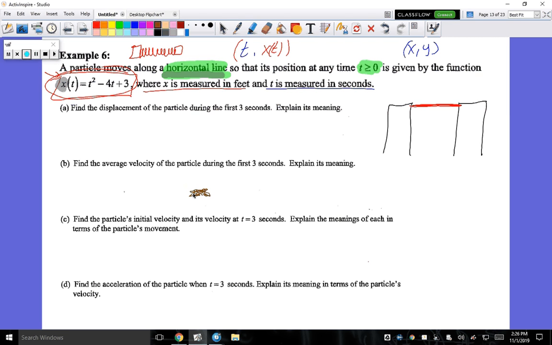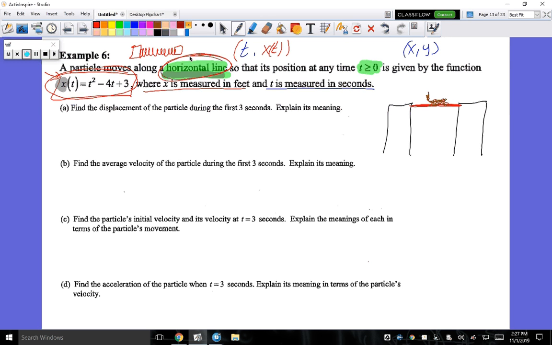Now I know this is not a squirrel, but it is something close to a squirrel. Looks more like a rat. But they were saying that it had horizontal movement that would go back and forth on this line. And they gave it the function of x of t. I just want to make sure that you understand that this is a horizontal line, horizontal movement.